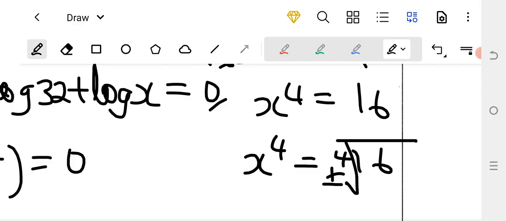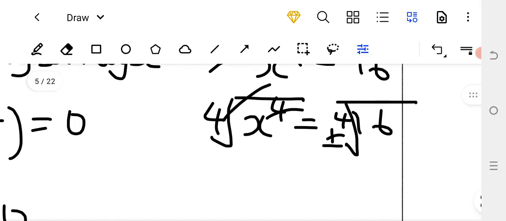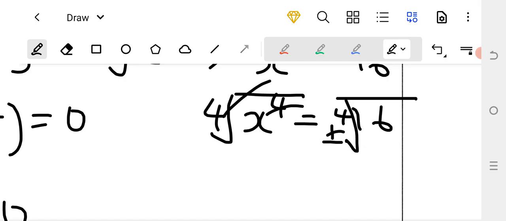Whenever you are applying an even root, you always say plus or minus. So the power 4 will cancel out with the fourth root. Then it's going to give you x is equal to plus or minus the fourth root of 16, which is which number should multiply itself 4 times to give you 16? It's a 2.